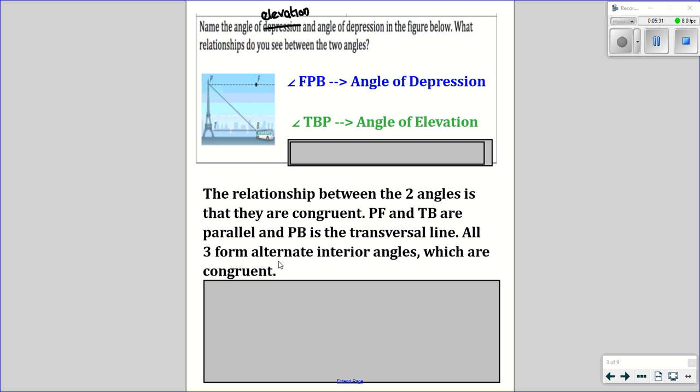All three form alternate interior angles, which are congruent. So whatever angle value you have for FPB, it's going to be the same for TBP. That's something you need to know: the angle of depression is the same as the angle of elevation. They're both going to be the same.